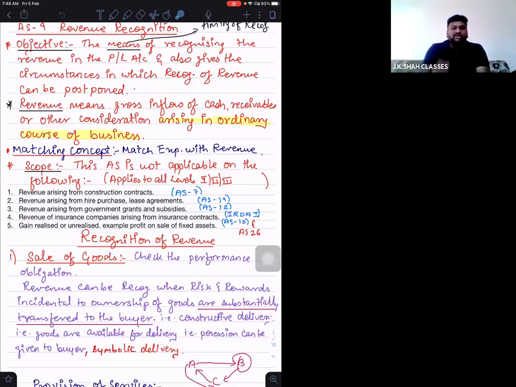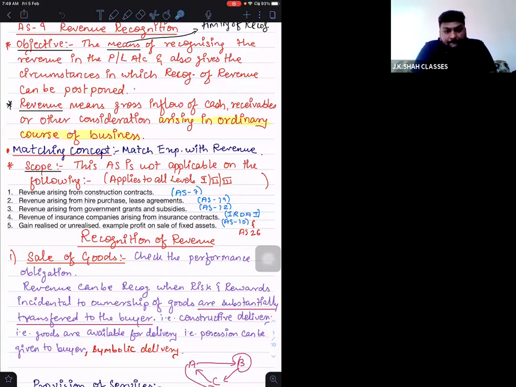Technically the logic is, whenever there is uncertainty of collection, postpone the revenue, and the revenue gets postponed till the uncertainty becomes certain. Earlier you were uncertain, so you postponed. But now you are certain that the revenue will be collected, so record the revenue. But sir, if it is always uncertain, then you have to record the bad debts loss.